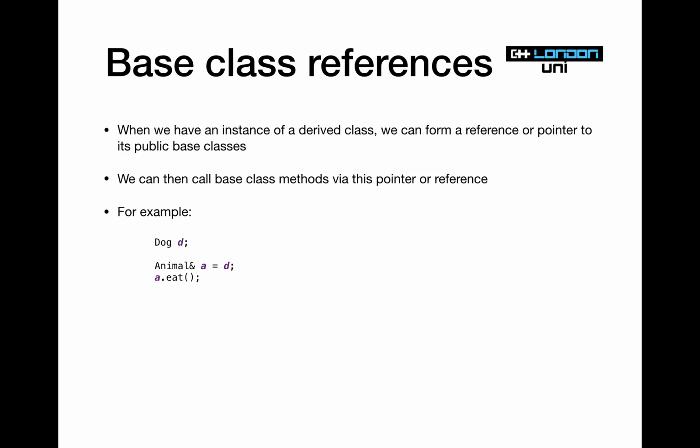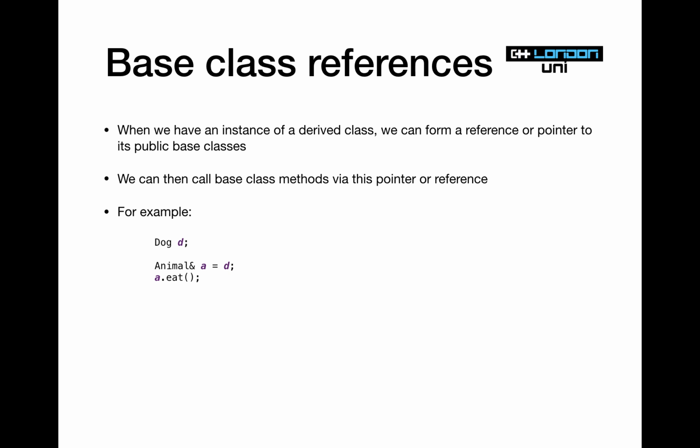If you're familiar with Java, you already understand how this works, right? This is just a bit confusing because we've got this little token here, this ampersand. But in Java, everything's a reference, apart from the built-in, fundamental types. All classes have reference semantics in Java.